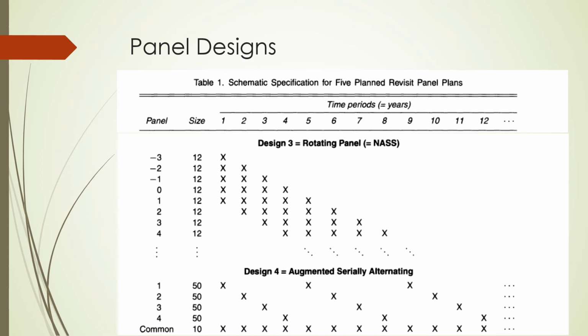So in the first year, panel 1 is surveyed, second year, panel 2 is surveyed. Once you get out to year 5, now you're back to panel 1. Year 6, you do panel 2, and so on. And then you have a panel, in this case 10 survey units, that are surveyed every year, so that you can look at this dynamic kind of occupancy.